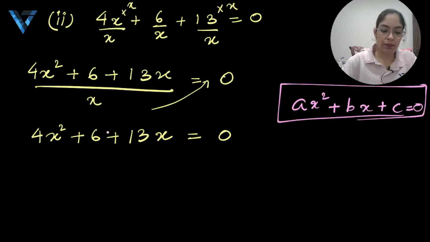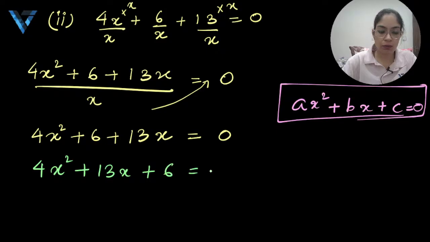So 13x we will write here. This will be 4x square plus 13x plus 6 is equal to 0. You have to rearrange the terms as per the standard form.